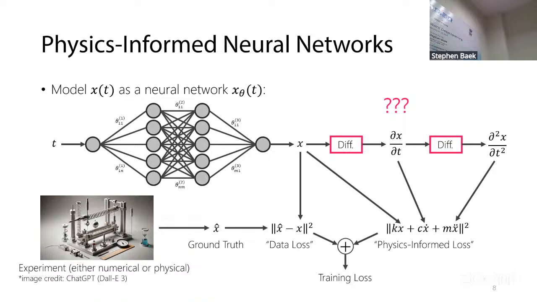Like in this case, for example, the PDE residual can be made 0 if x equals 0. If you don't do anything to your system, the position stays the same, no velocity, no acceleration. So all three terms are 0. Then the PDE residual is 0. That's a trivial solution.